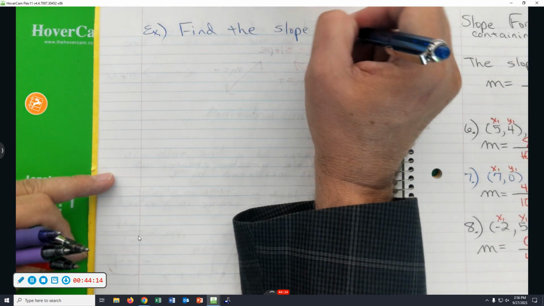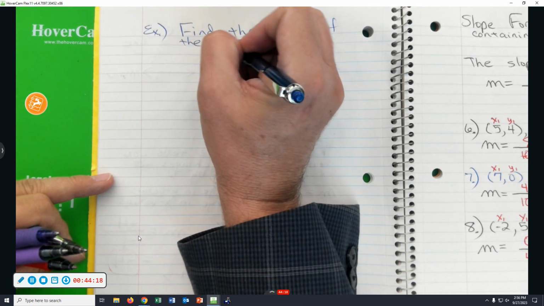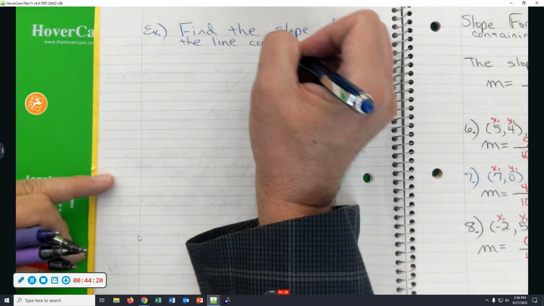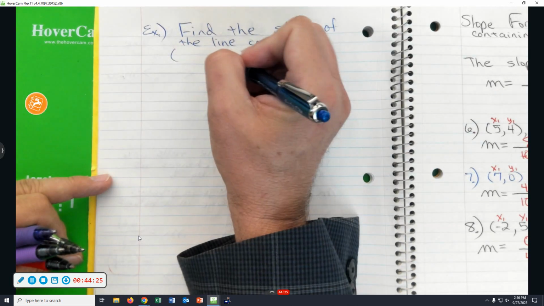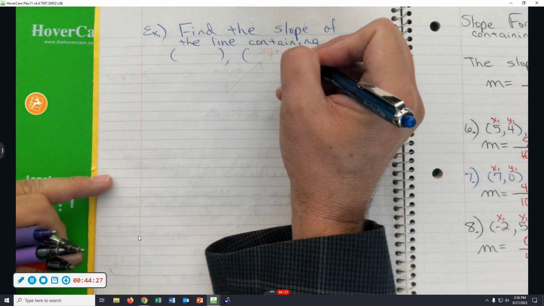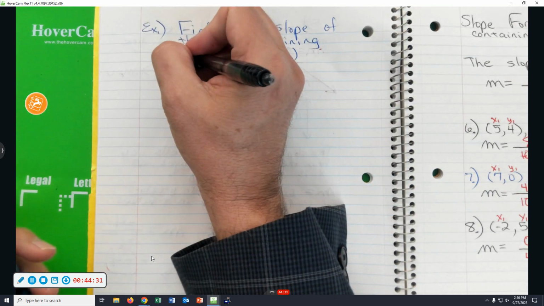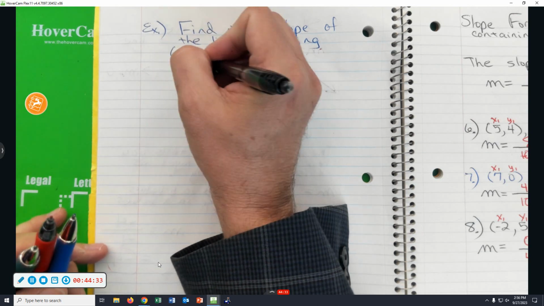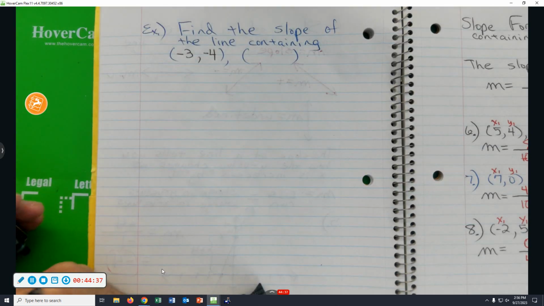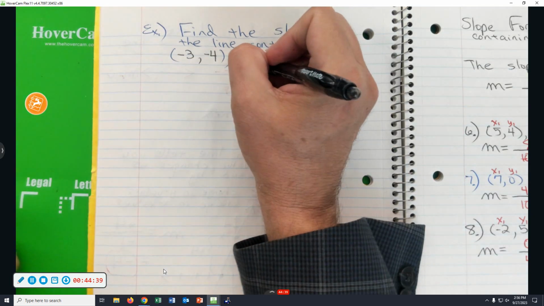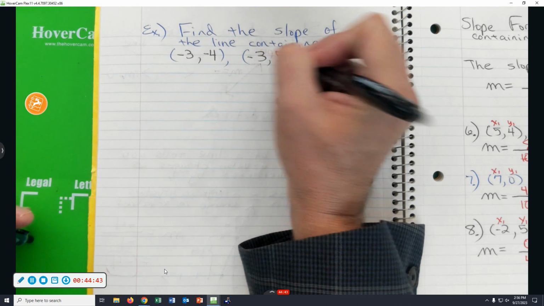Find the slope of the line containing, and here are the ordered pairs. Let's say (-3, -4) and how about (-3, 5)?